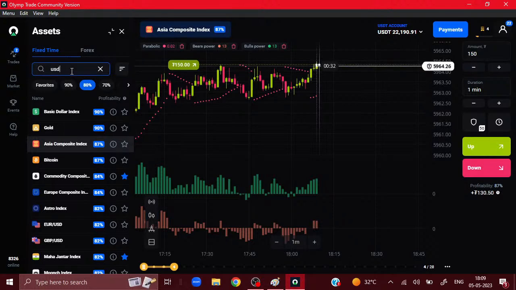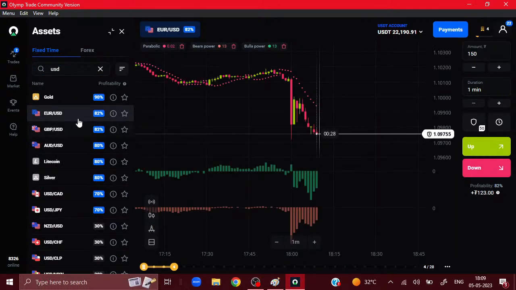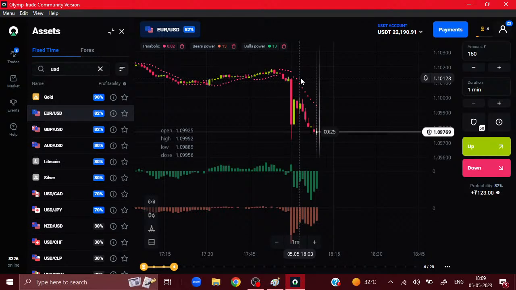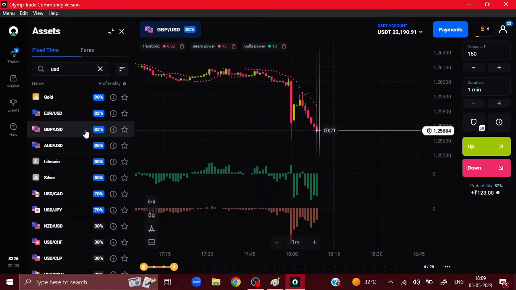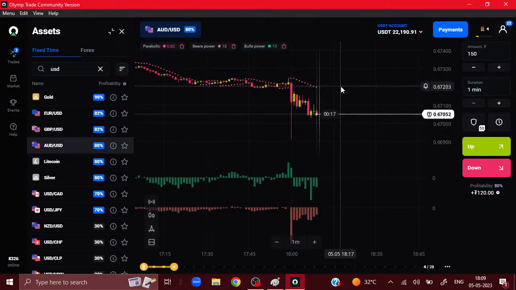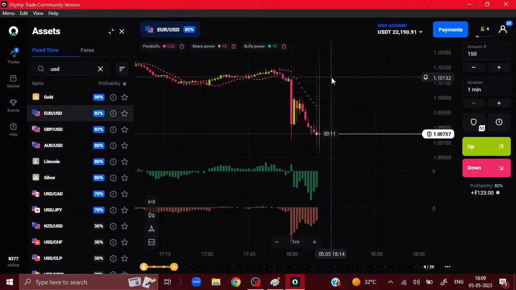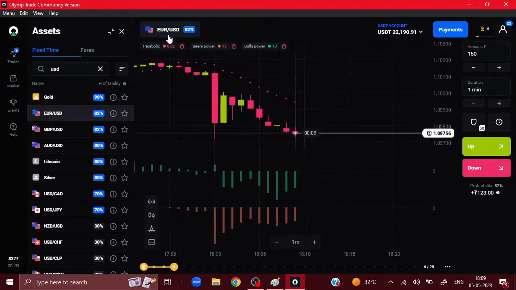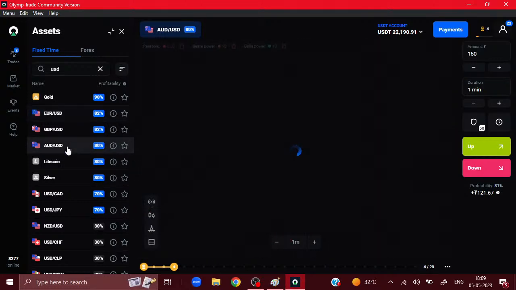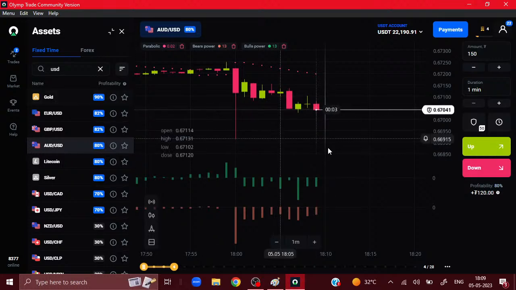Let us see the movements in various assets in USD. So in Euro, I can see the best movement happening. Euro USD, GBP USD also kind of the same. In AUD USD, we are not able to see the movement. I think we chose the wrong asset here. In AUD USD, we are not able to see that much of a move.